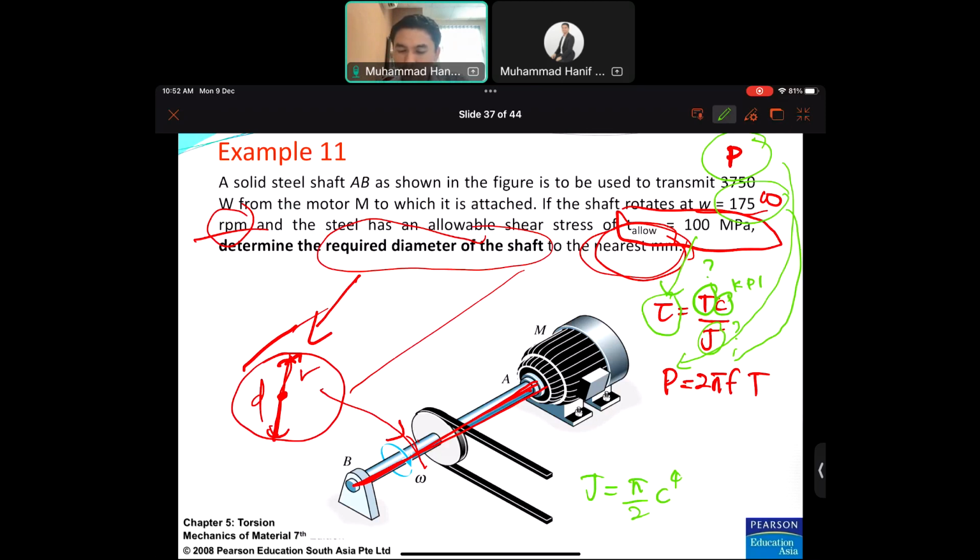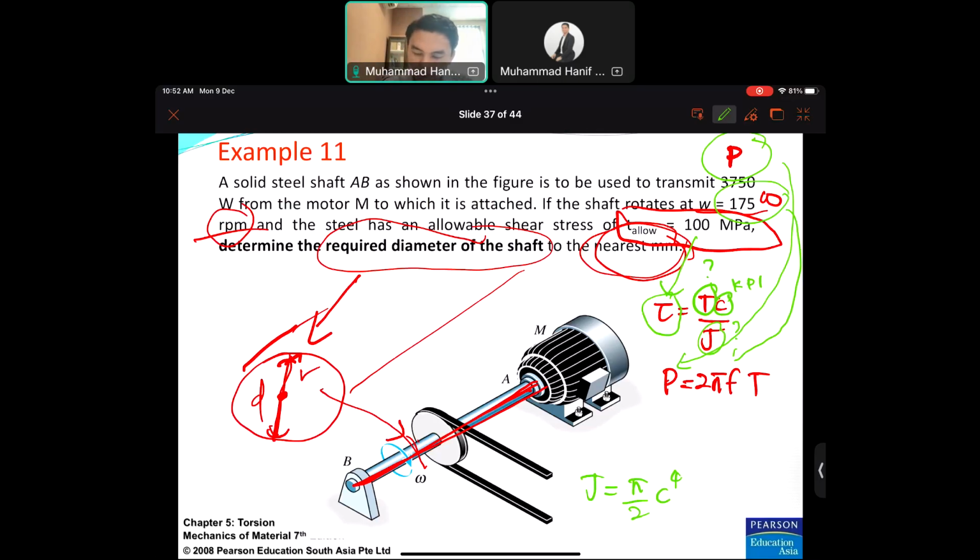Omega is 175 RPM, so this one is not an SI unit. You need to convert it into radian per second. So RPM should be radian per second. How to do it? This is the thing that we can use, where we convert 175 RPM to radian per second.